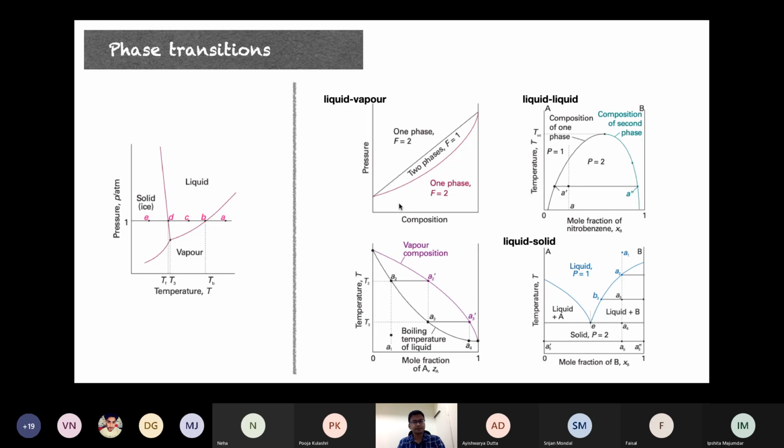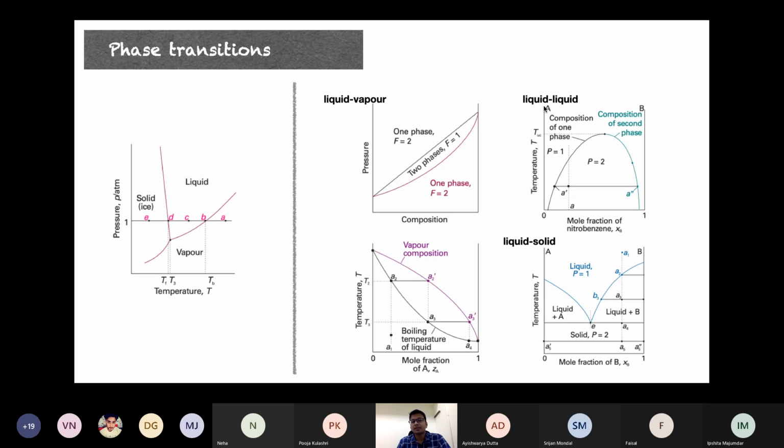In that case, you can plot as a function of the composition of any one of those components, and you can draw this kind of phase diagram, and again you can check the details. Similarly, if you want to plot the temperature as a function of the mole fraction of a particular component, then you will get this kind of curve. There is coexistence based on the composition, and coexistence based on the temperature.